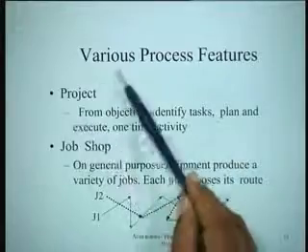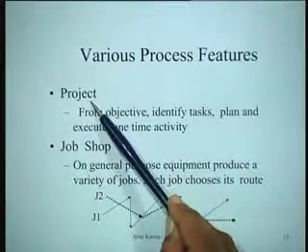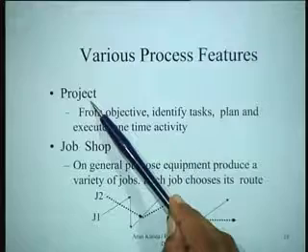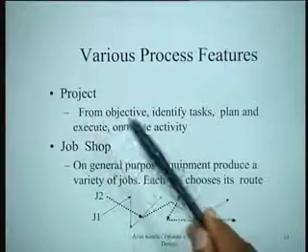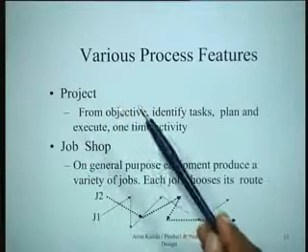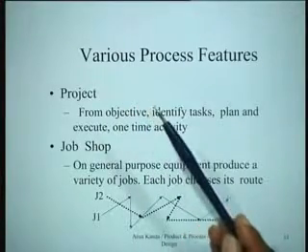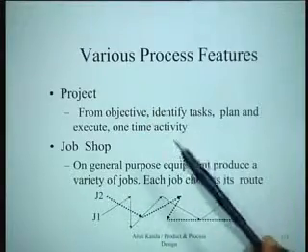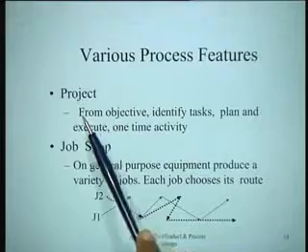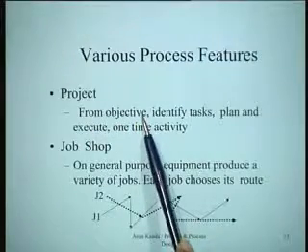For instance, the first kind of feature is a project, which is generally an ad hoc thing. If you want to make something once, either on an ad hoc basis or you're doing something which you have to do not on an ad hoc basis but on a continuing basis, but you are doing it for the first time, then what has to be done is basically you have to identify what you want to do.